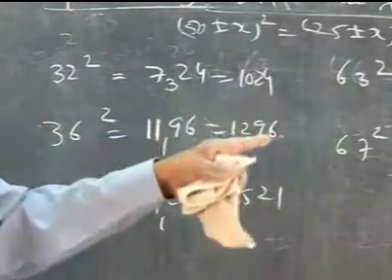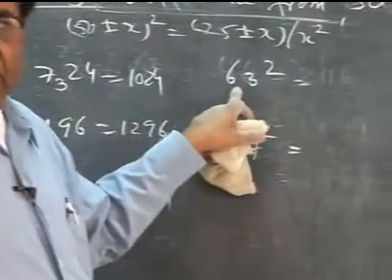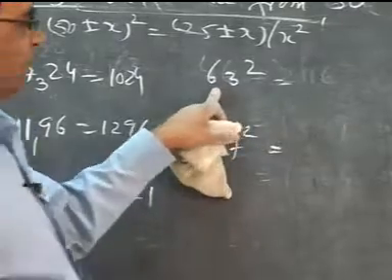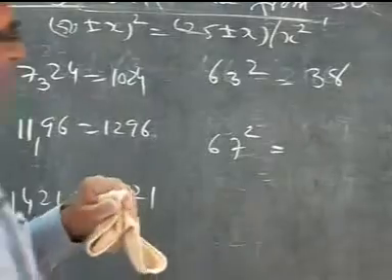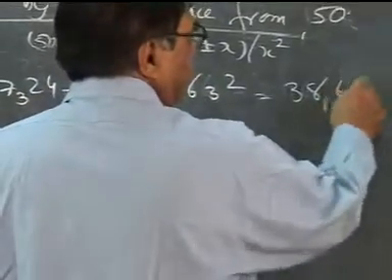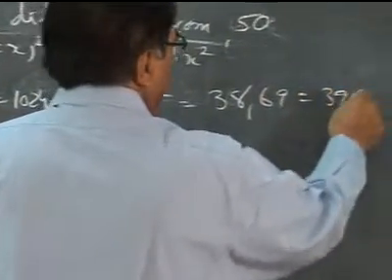Everything so speedily. Same way, these 13 more. 25 plus 13, 38. 13 square is 169. This way, so you can say 3969 is the answer.